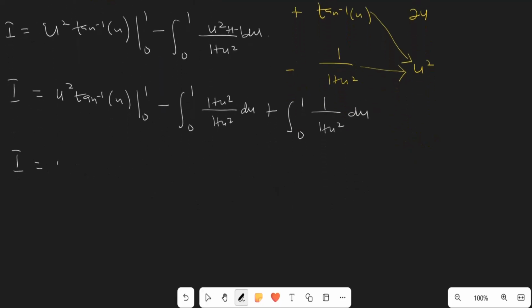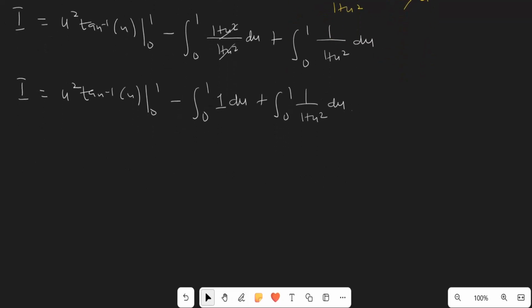So I is going to be u squared tan inverse of u from 0 to 1, minus this one will cancel out and you are just integrating 1, plus the integral from 0 to 1 of 1 over 1 plus u squared du. So I is going to be u squared tan inverse of u from 0 to 1, minus u, integrating in the u world from 0 to 1, plus the tan inverse of u from 0 to 1.